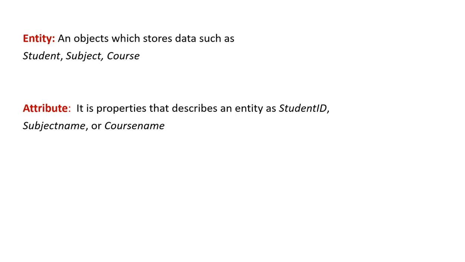Attribute is dependent on the entity, which is a property that describes an entity with some more information. For example, if you have entity student, then its attribute can be student ID, student name, student address, anything which is related with the entity. Or if you have an entity like subject, you can have attributes like subject name, course name, which has more information which is related with the entity.